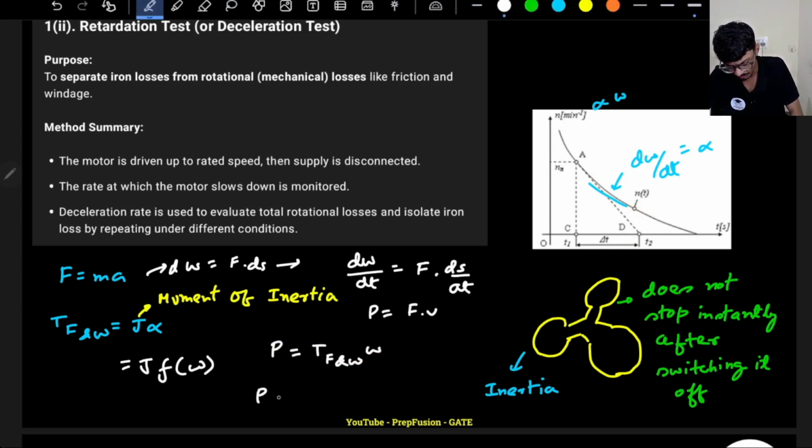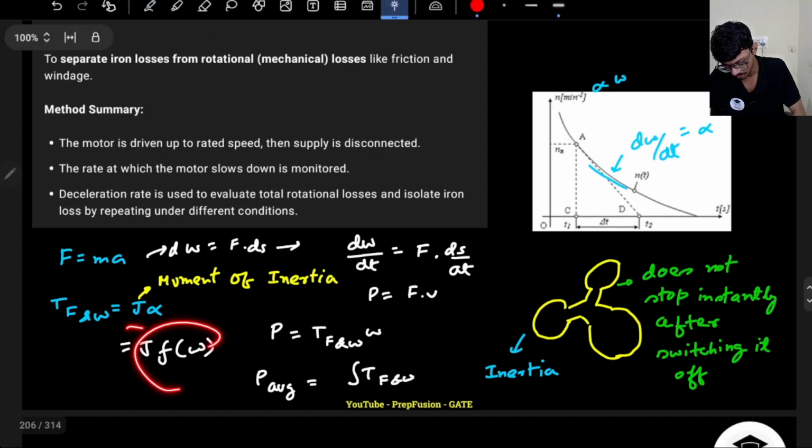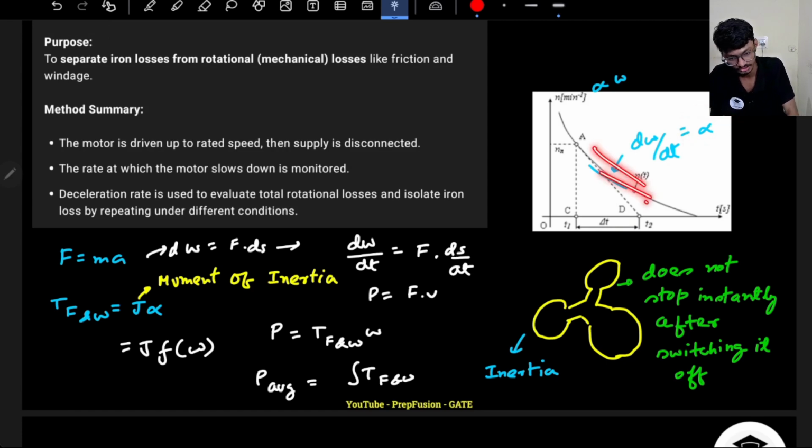I will integrate this whole graph with respect to time: torque, a function of omega, which is J alpha. I will assume alpha to be almost constant, into omega with respect to time, and divide by the whole time period for which I was measuring, right?